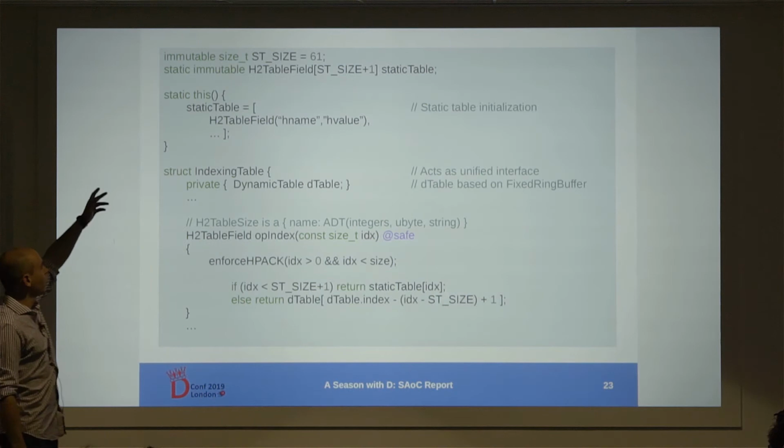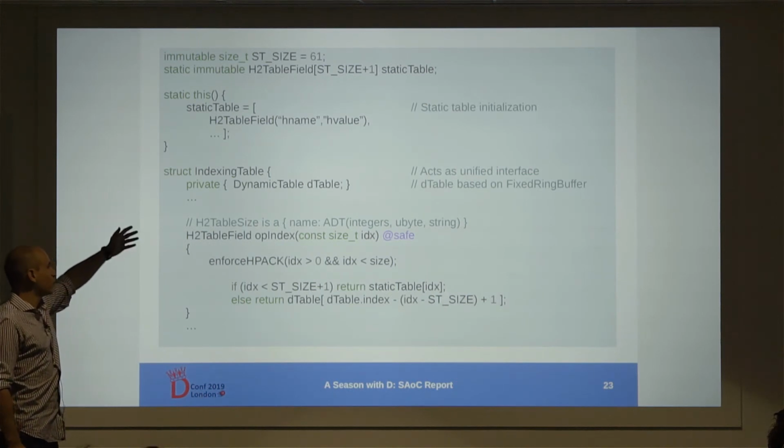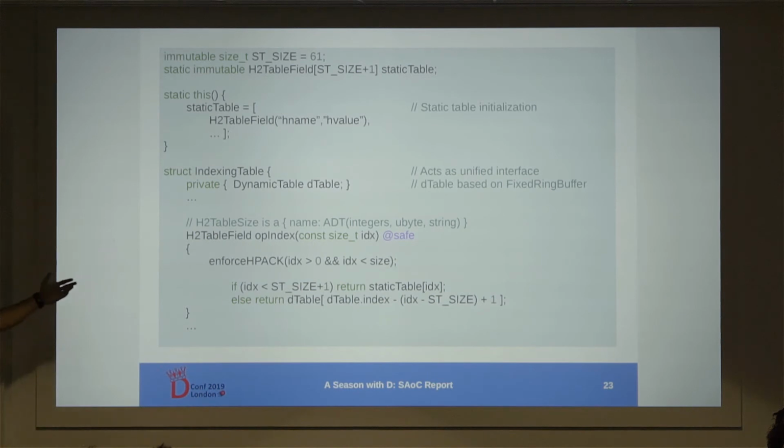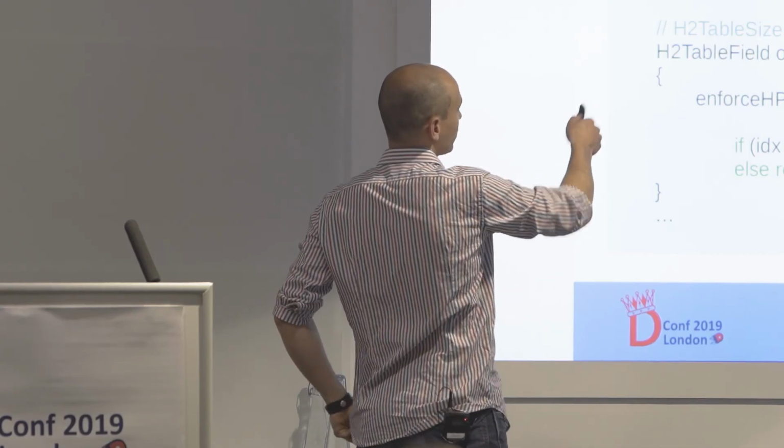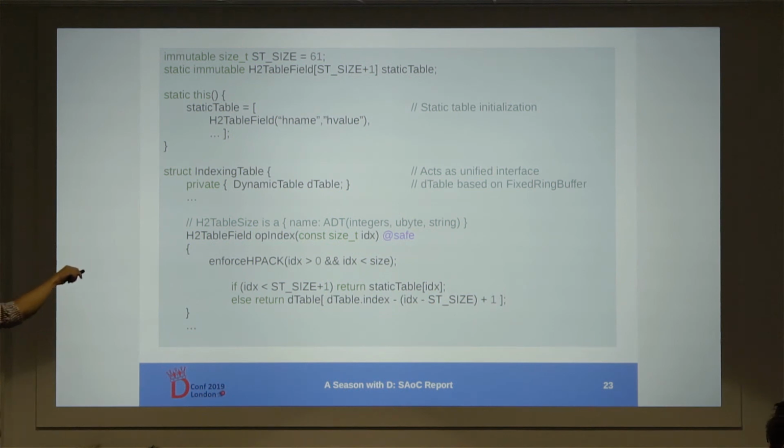So you see we have a static table and a dynamic table, which is supposed to change during the execution because it's supposed to store what has been received. We're talking about headers, so header names and header values.